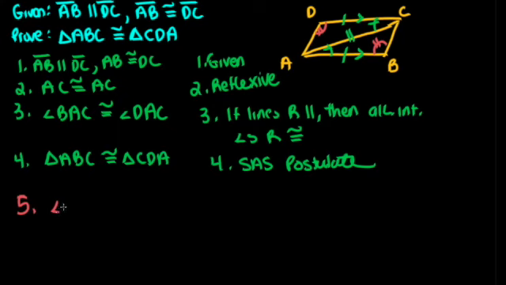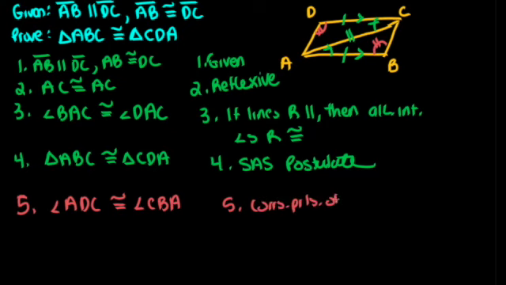We would say that angle ADC is congruent to angle CBA because corresponding parts of congruent triangles are congruent. You can also shorten this by simply saying CPCTC as well.